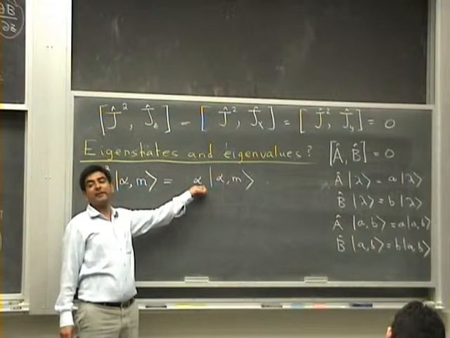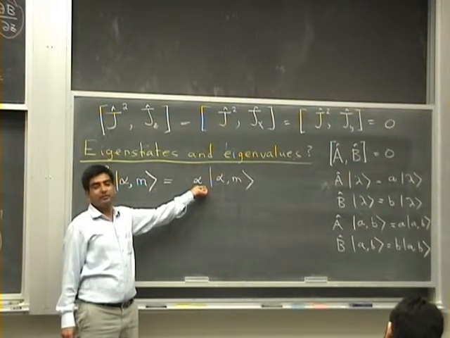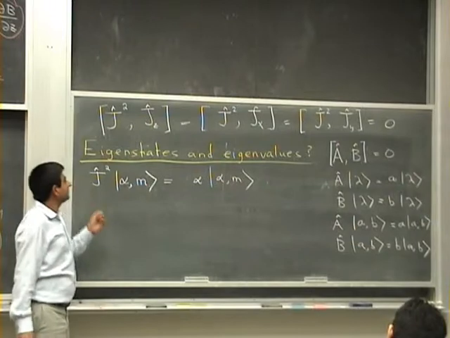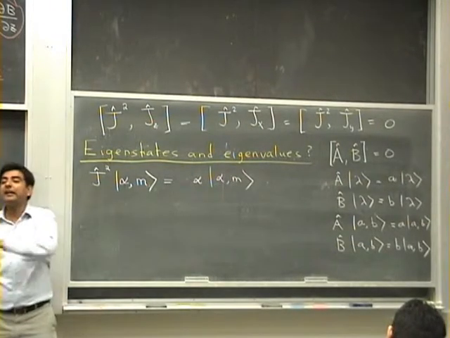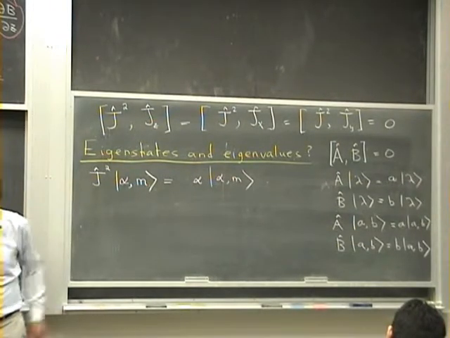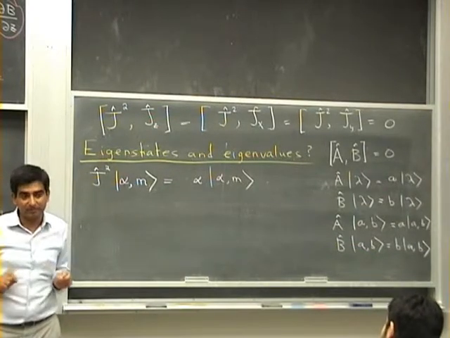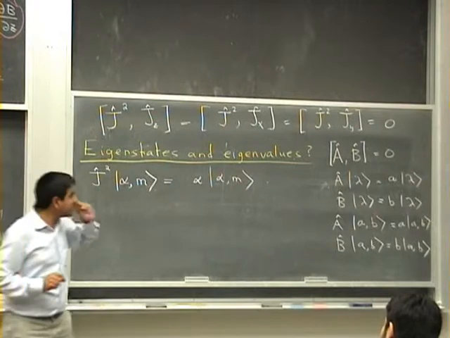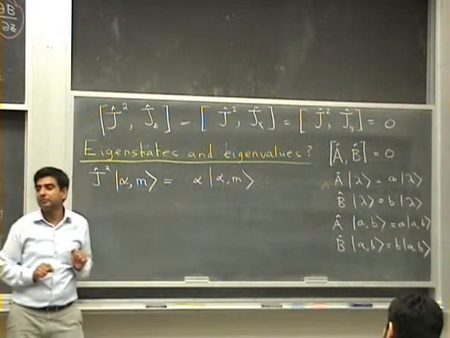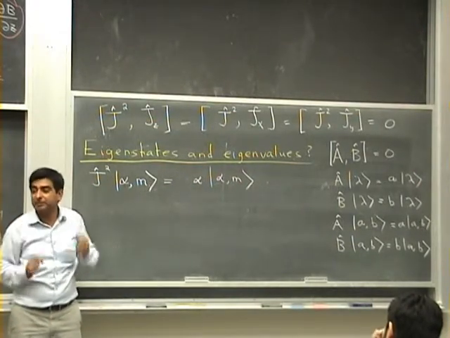Let's call that eigenvalue alpha. ठीक है? लेकिन मैं चाहता हूँ कि जो eigenvalue है इसकी क्या dimension होगी? The eigenvalue is a measurement outcome. I'm measuring an observable. So what are the dimensions of this eigenvalue?